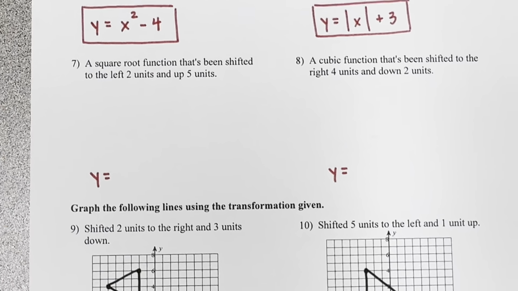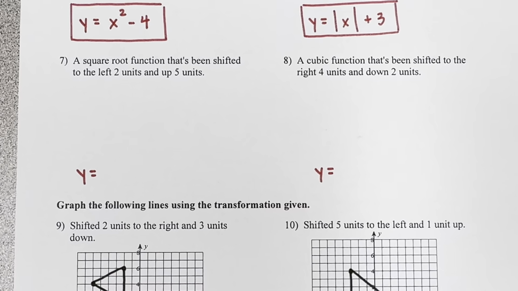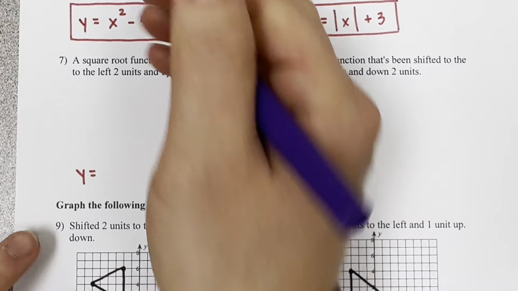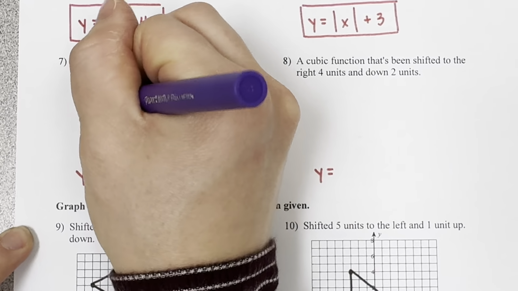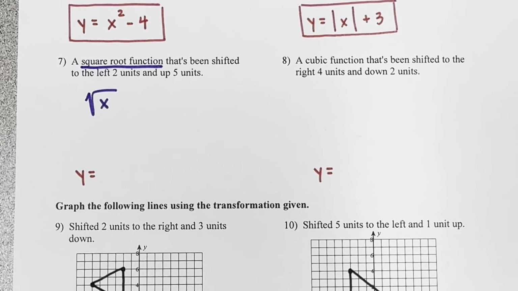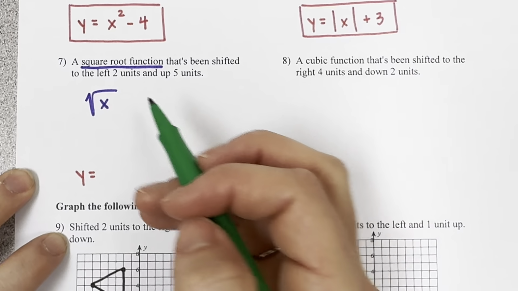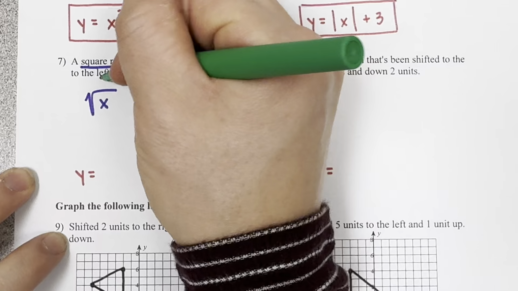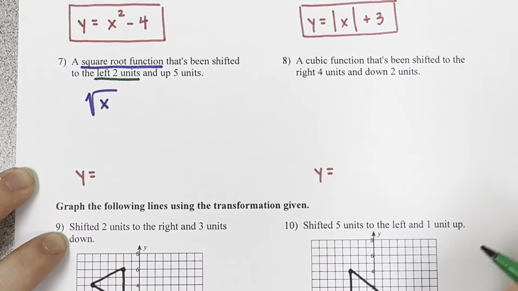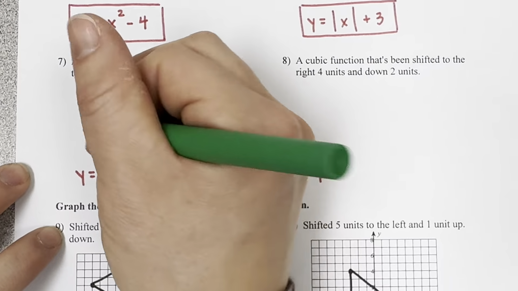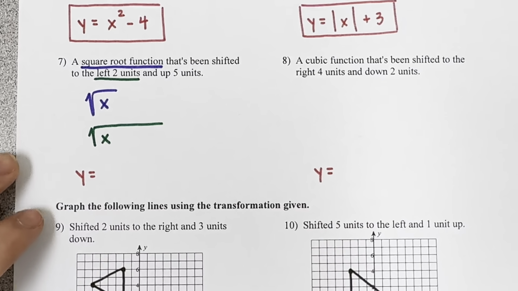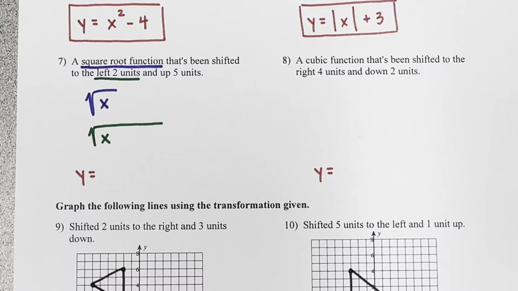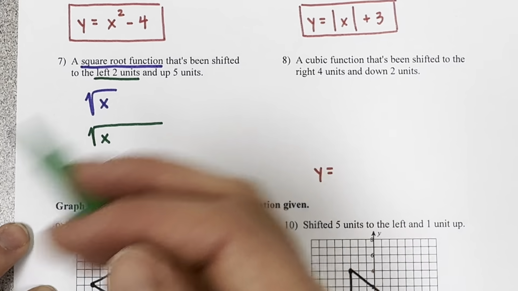Awesome. Let's look at number 7. It gives us a square root function, so it starts with the square root of x. Let's keep reading. Ooh, we have two transformations here. The first is to the left, 2 units. Remember, right and left means the inside, so now we have something inside our square root of x. Left 2, think opposite.